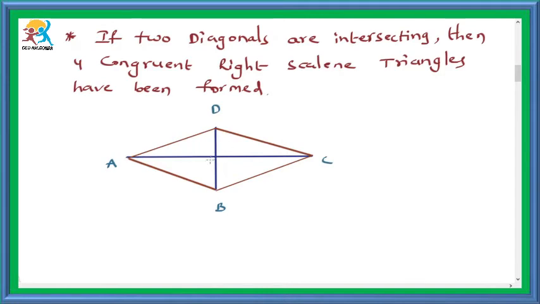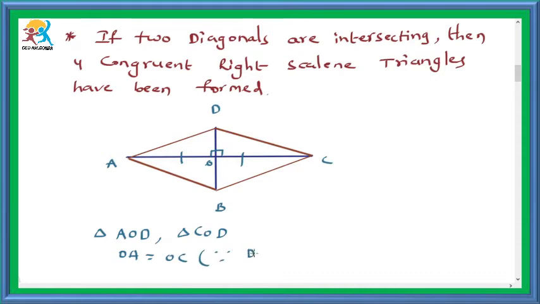Just observe, this is one triangle, its name is triangle AOD, and we take one more triangle, that is triangle COD. In these two triangles, what are equal? Shall I write OA is equal to OC? How can I write this?